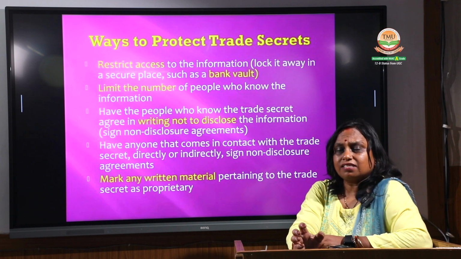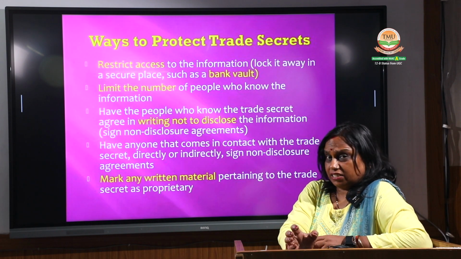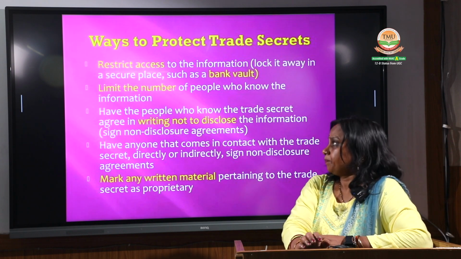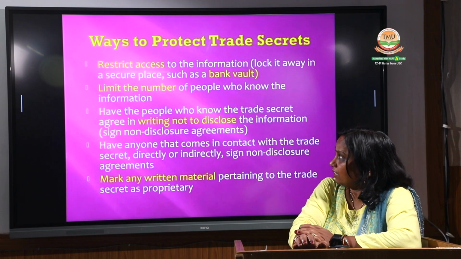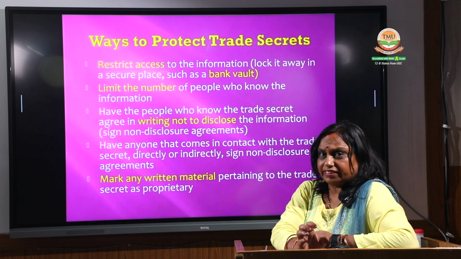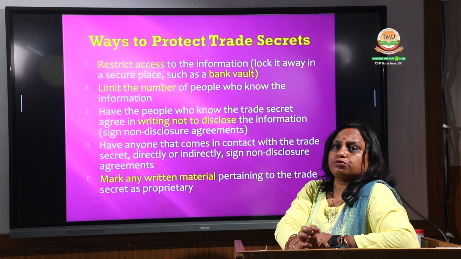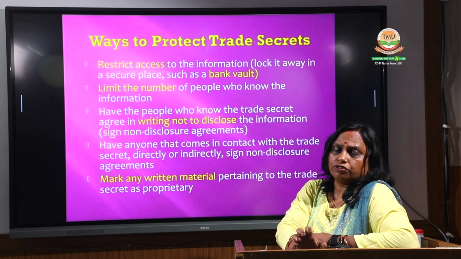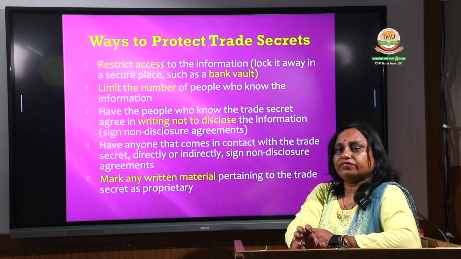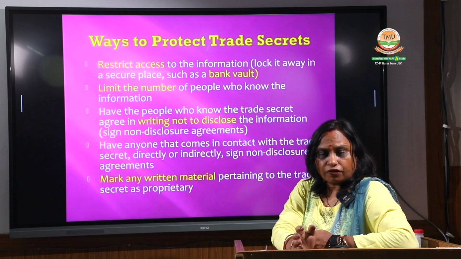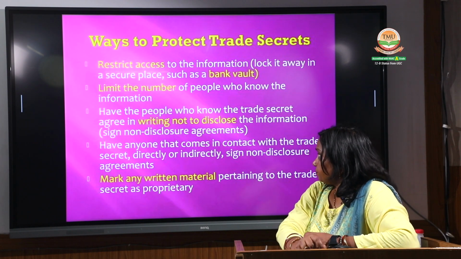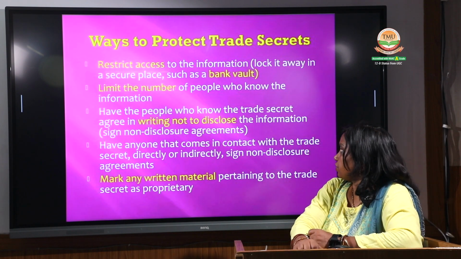So this is how the trade secret is protected in different types of business. First thing is restrict access. This trade secret restricts the access so that only the people among whom this particular confidential information lies have the right to access, and the rest of the world is restricted from access to that information.